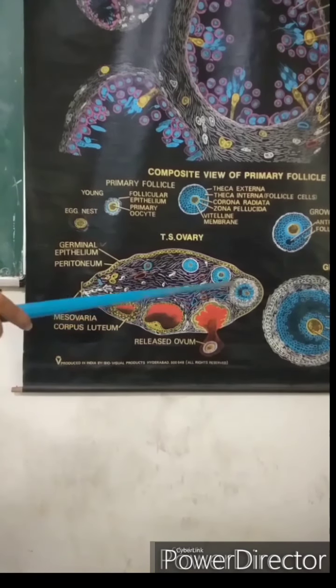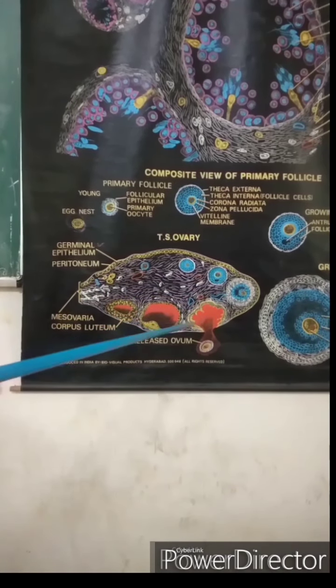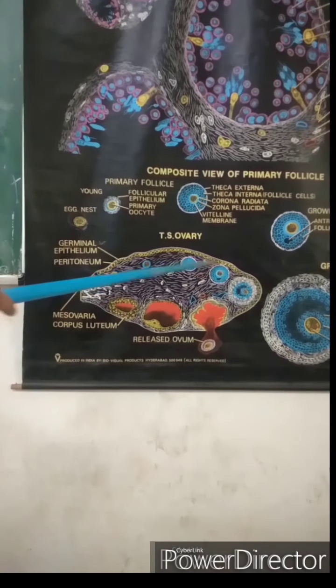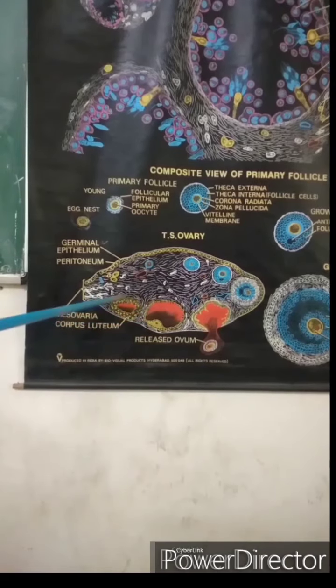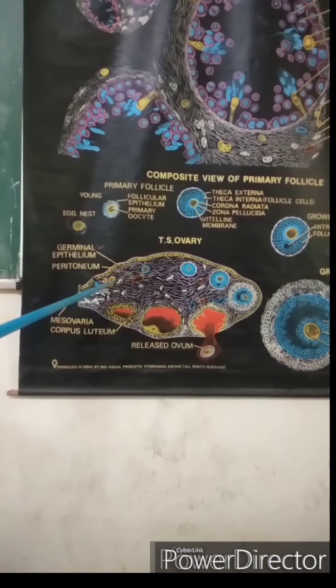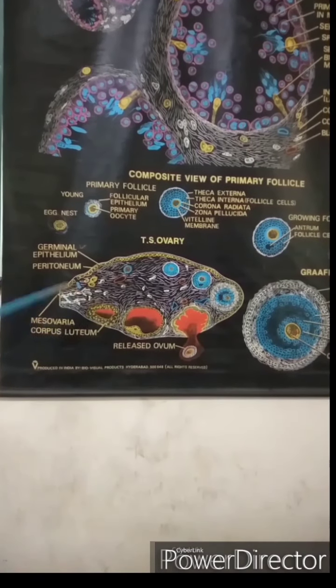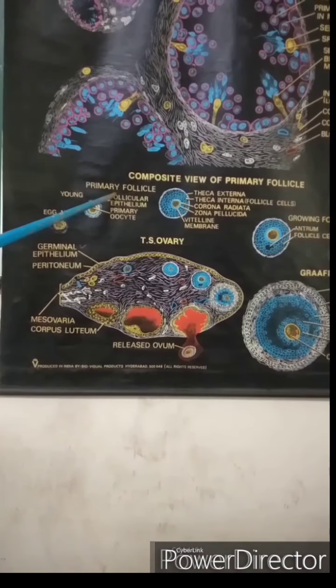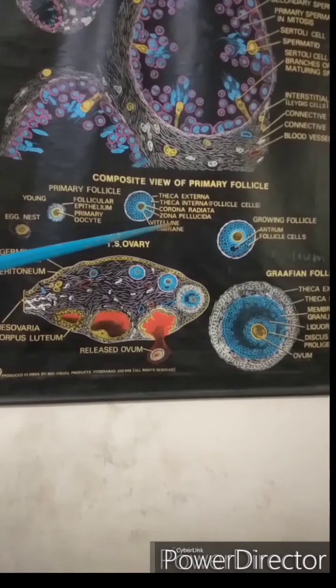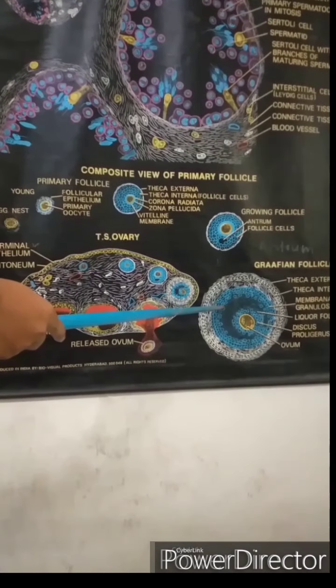Cortex also encloses numerous ovarian follicles. These are the different stages of ovarian follicles. They are present at various stages of development, namely primordial, primary follicle, secondary follicle and Graafian follicle.